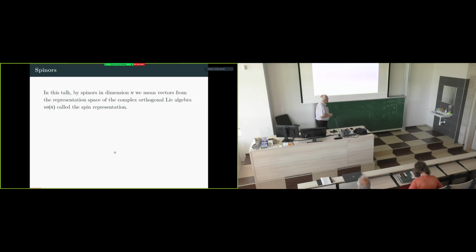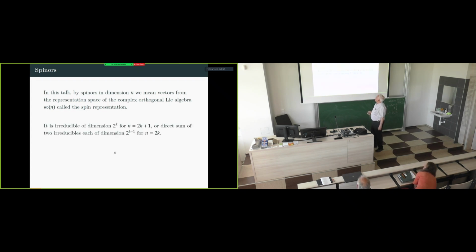In my talk, I use a vector space, the representation space of the complex orthogonal Lie algebra so(n), and this representation is called the spin representation.